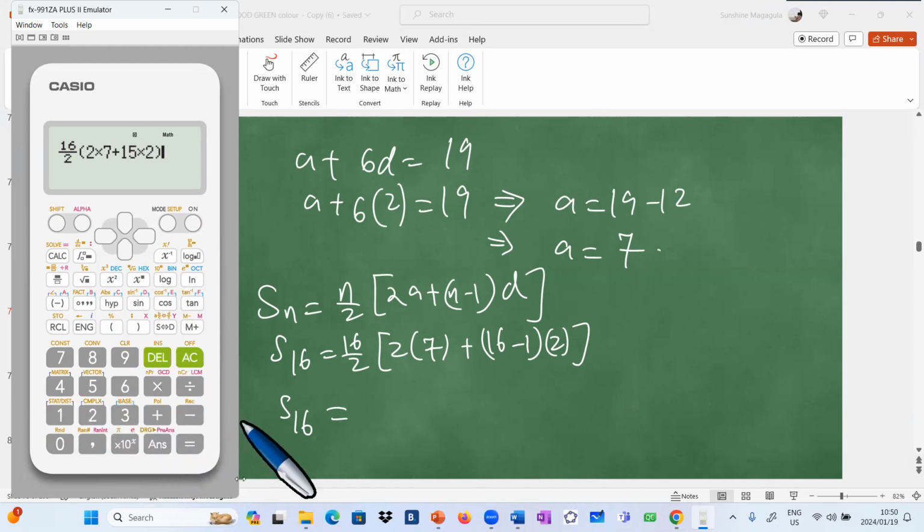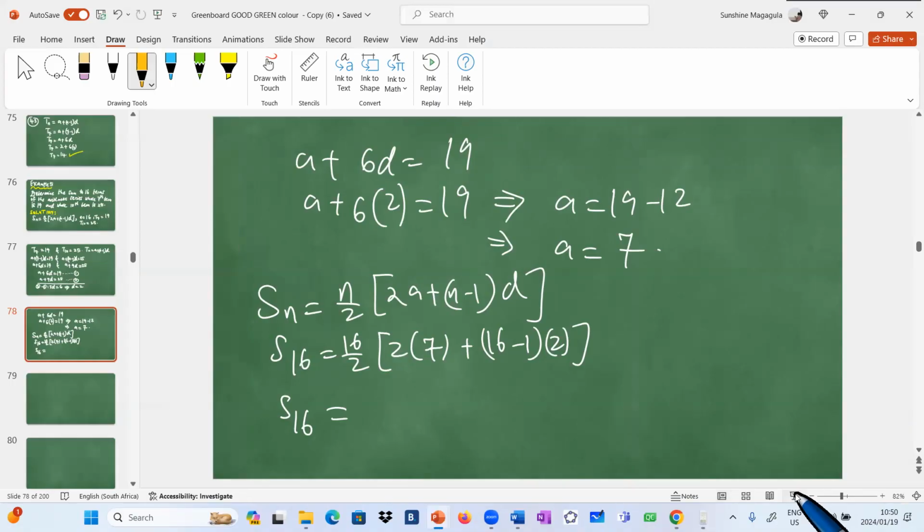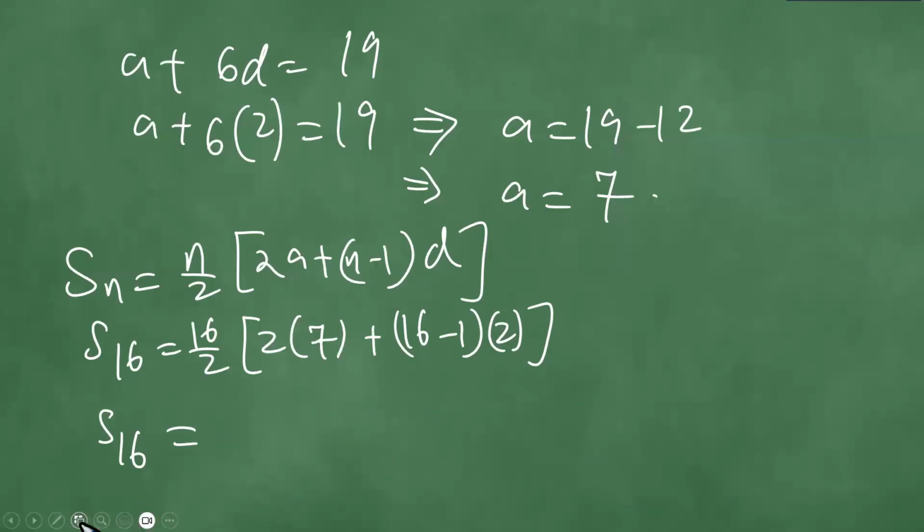And then the closed answer is like this, 352. What answer do you get? 352. Well done. 352 is what also the calculator is giving here. So you're getting clearly 352. It means the sum of the first 16 terms is 352.